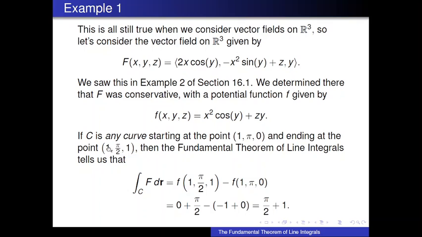Little f of 1, pi over 2, 1 is 1 times 0 plus 1 times pi over 2. So that gives us pi over 2. And little f of 1, pi, 0 is minus 1 plus 0, so just minus 1. So then we have pi over 2 minus minus 1, which is pi over 2 plus 1.